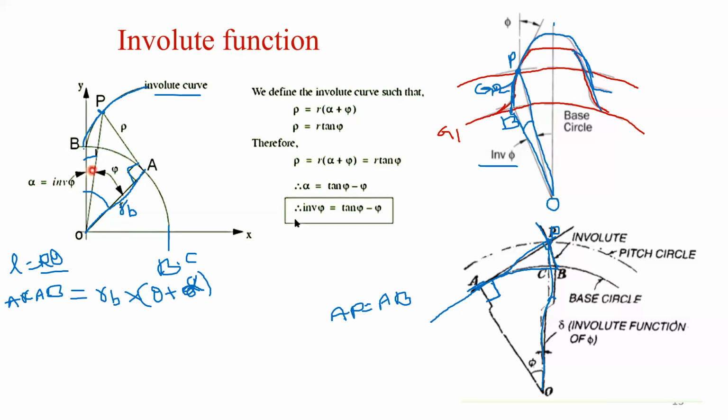But as per the involute definition, AB is the same as PA. So what is PA from the triangle OAP? PA divided by OA. As it is 90 degrees, PA forms the opposite side and OA forms the adjacent side. So this will give us tan phi. Therefore, PA is equal to OA into tan phi.